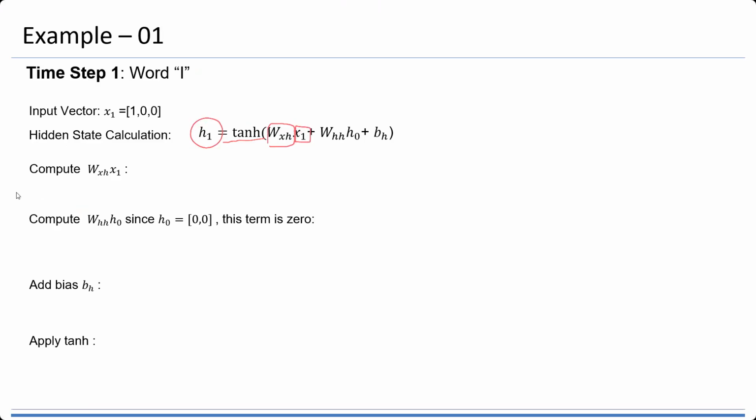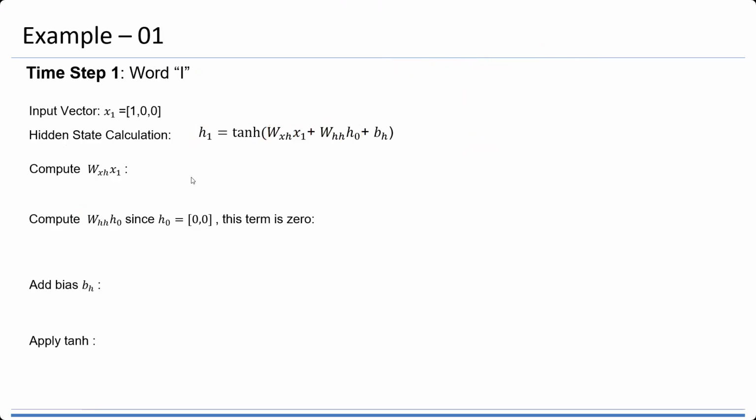It means I need to put the x value into the function, and then update h0 with the weight W_hh. This is W_xh, and at the end the function will be added with the bias.